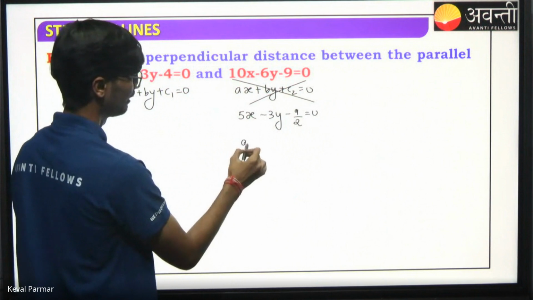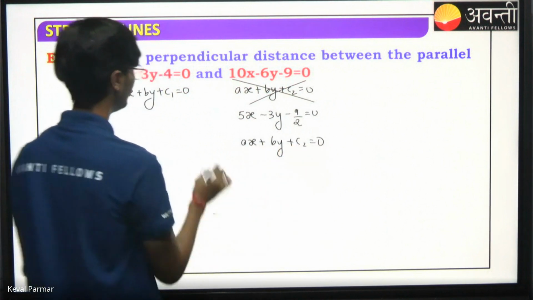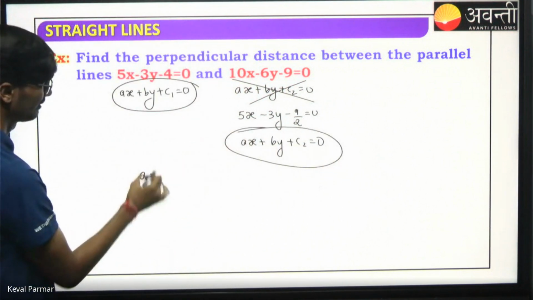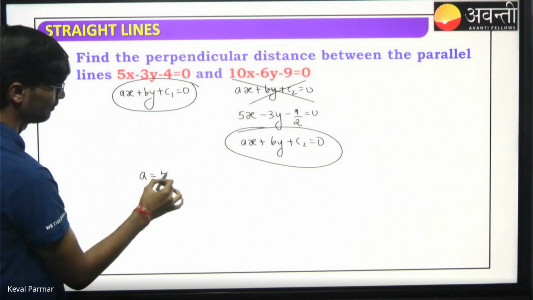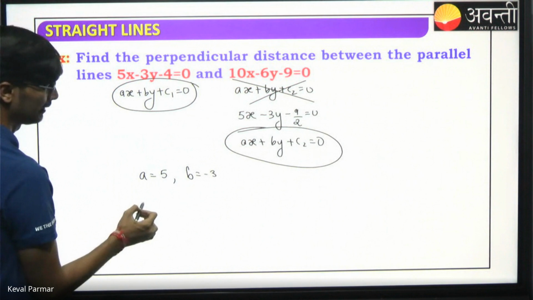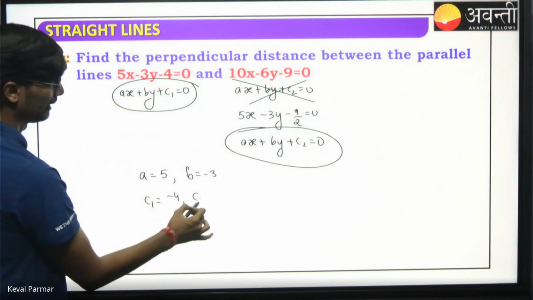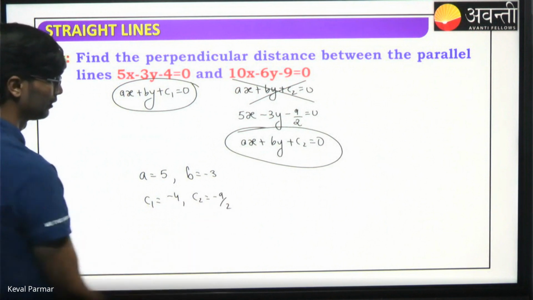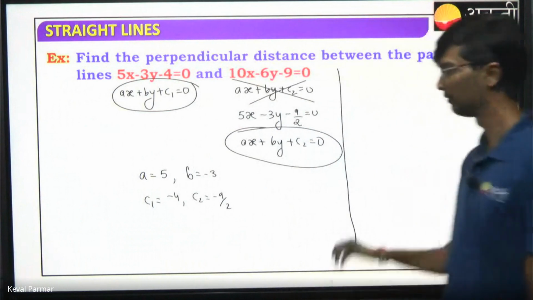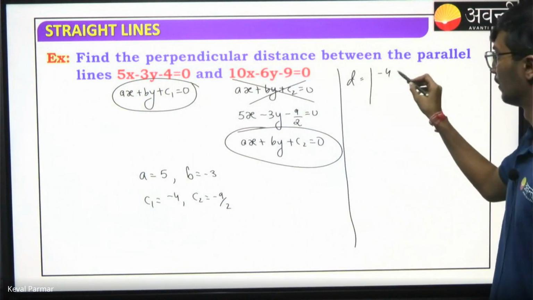Now I can compare it with ax plus by plus c2 equals 0. As you can see from here, what is the value of a in both? 5, obviously it has to be the same. B is minus 3. Let's see what is C1. C1 is minus 4 and C2 is minus 9 by 2. So if I use the perpendicular distance between parallel lines, it will be mod of C1 minus C2.